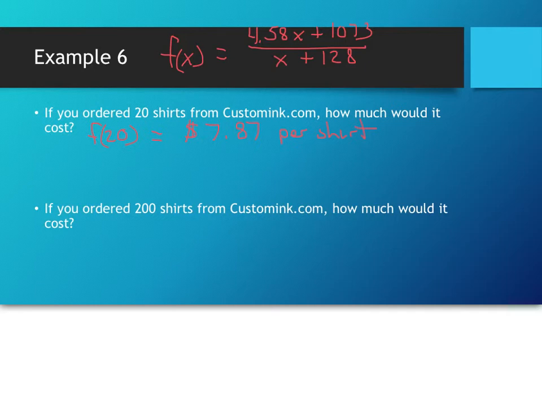And then if I wanted to find the total price, since we are ordering 20 shirts, take 7.87 times 20. And you get $157.40.